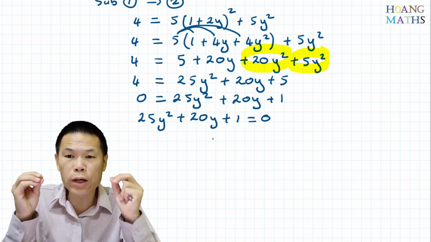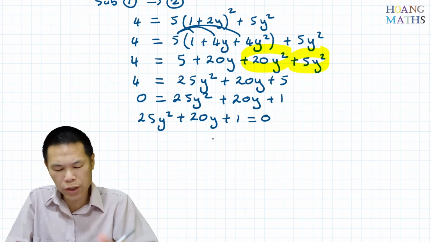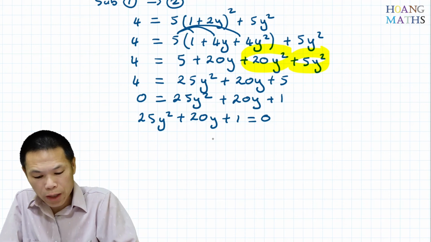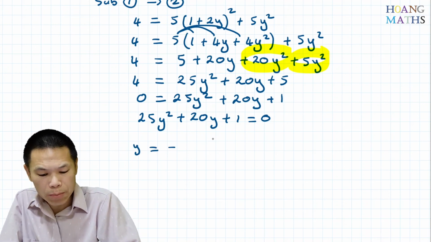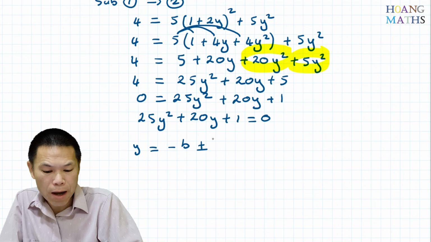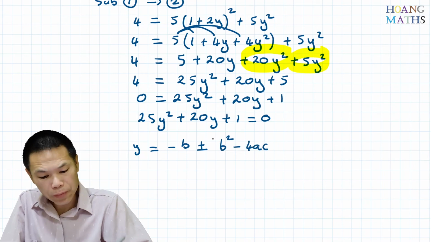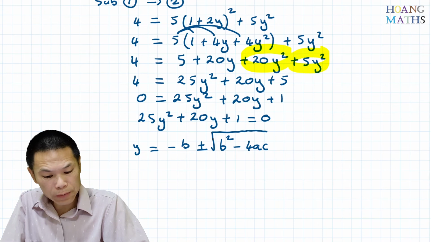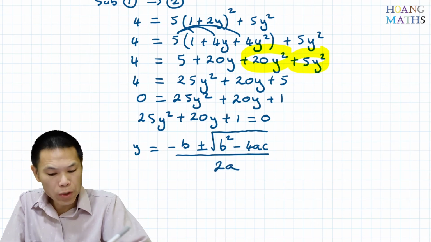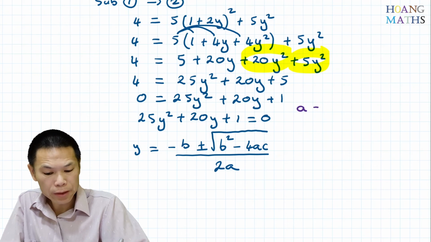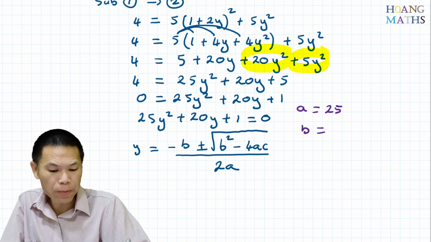Now I just use quadratic formulas to solve these equations here. So we know that y is equal to negative b plus or minus square root of b squared minus 4ac, over 2a. And we know that a is equal to 25, b is equal to 20, and c is equal to 1.